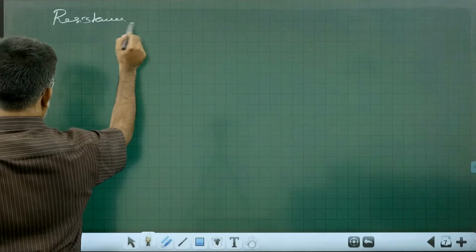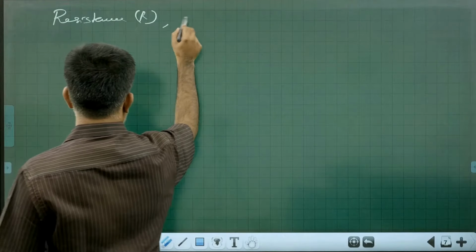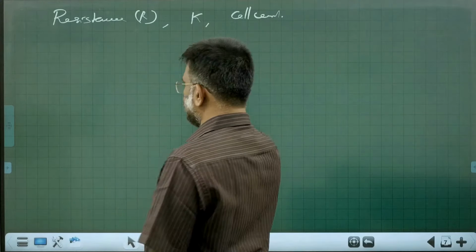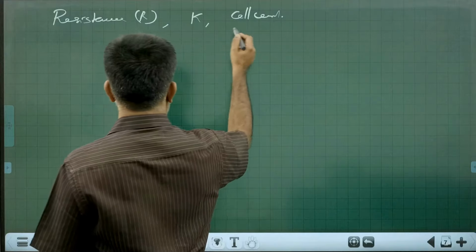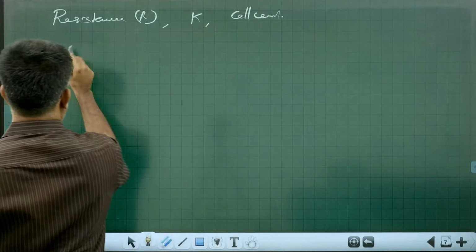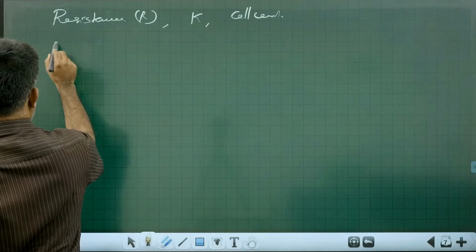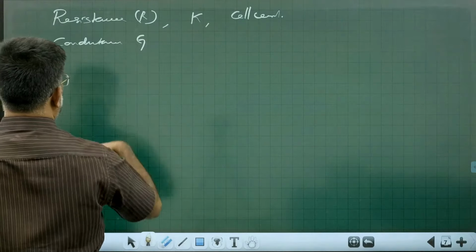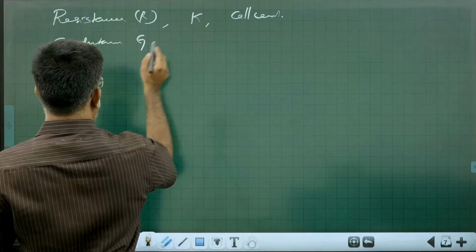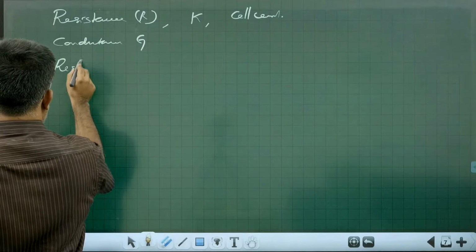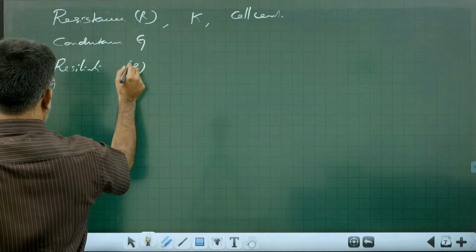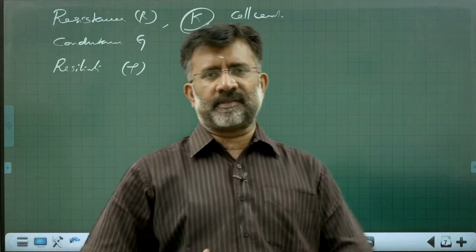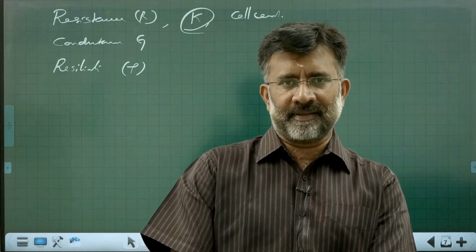We need to go through resistance R, conductance G, resistivity rho, conductivity kappa, cell constant, molar conductance, various such terminologies we need to discuss.